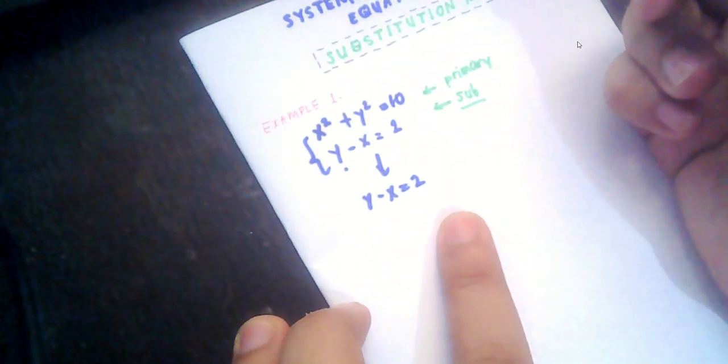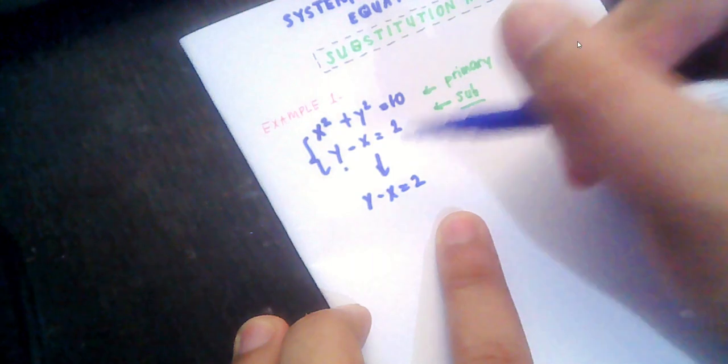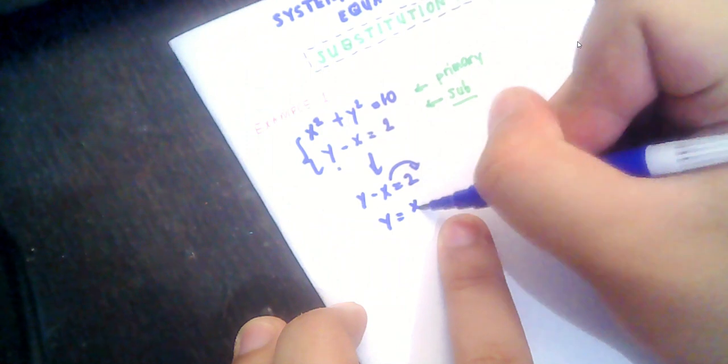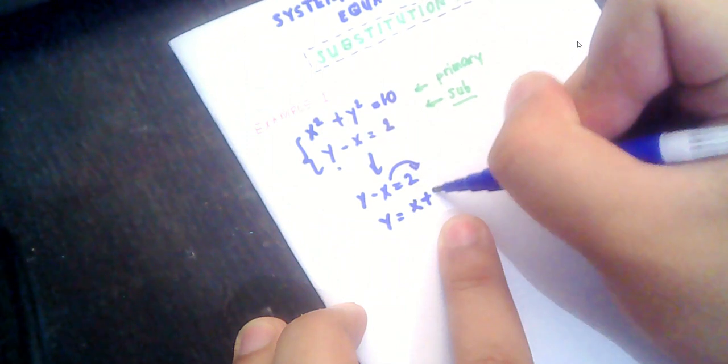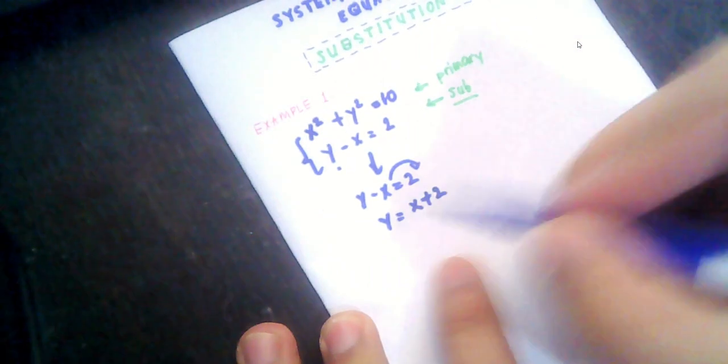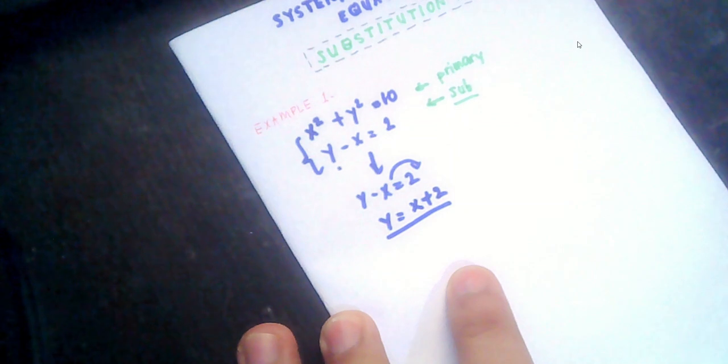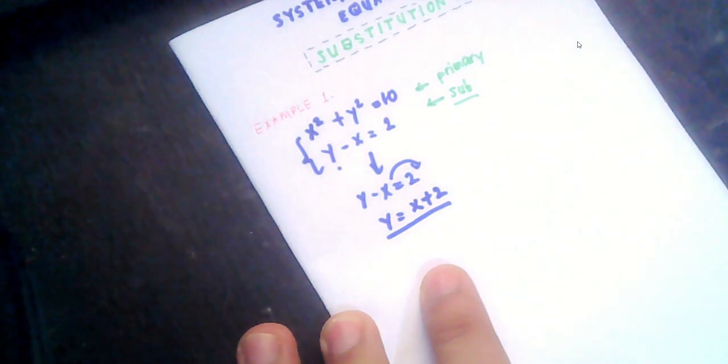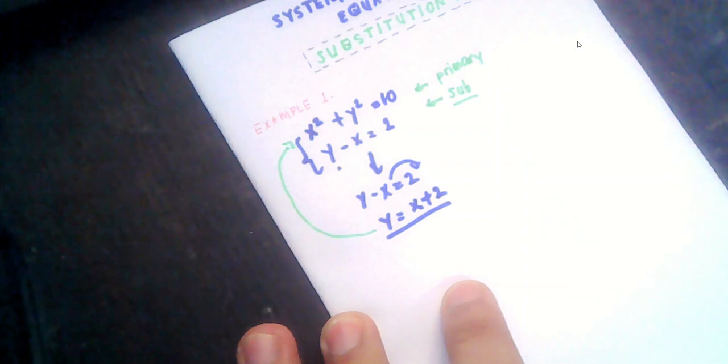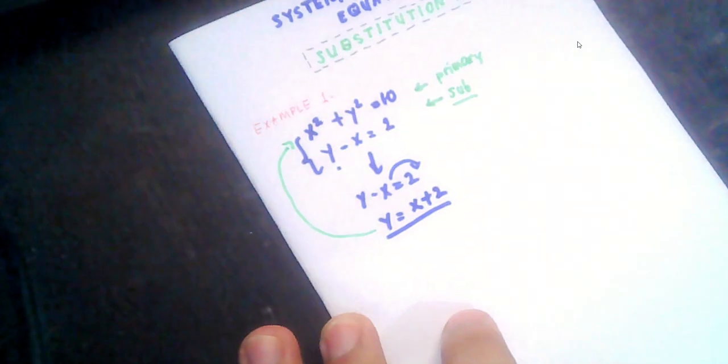We transpose negative x to the other side. That is now y is equal to x plus 2. So we now have the value of y for our sub. So the next thing we need to do is to substitute y to the primary.